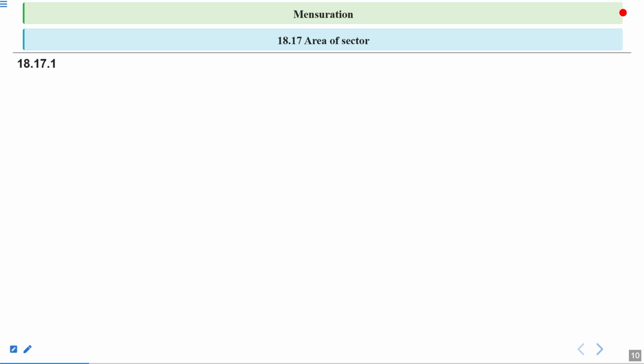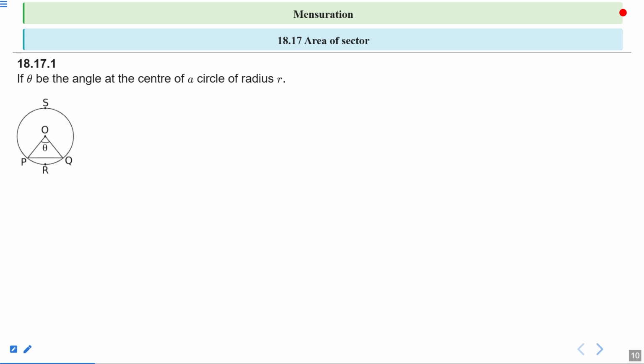Area of the sector of the circle. So if theta be the angle at the center of a circle of radius r, so this is the diagram. The length of the arc PQ becomes 2 pi r into theta upon 360. We can calculate the length of the arc of the circle.